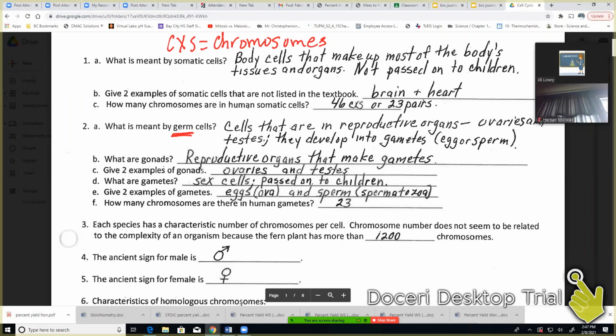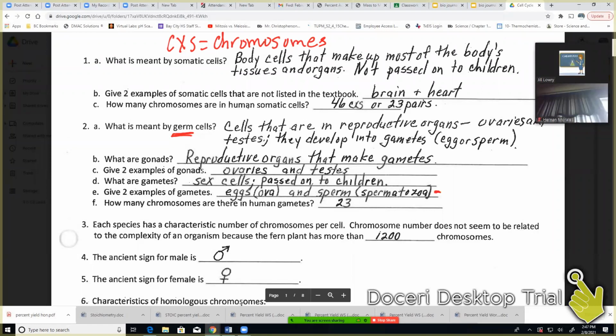So gametes are the sex cells that are passed on to the children or to the offspring. A female is going to donate an egg or an ova. OVA is another name for it. And the male will donate a sperm or spermatozoa, which is this word right here.